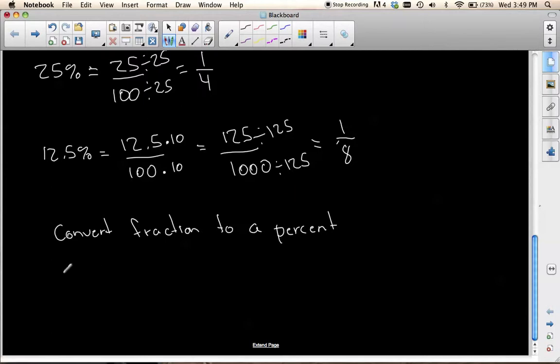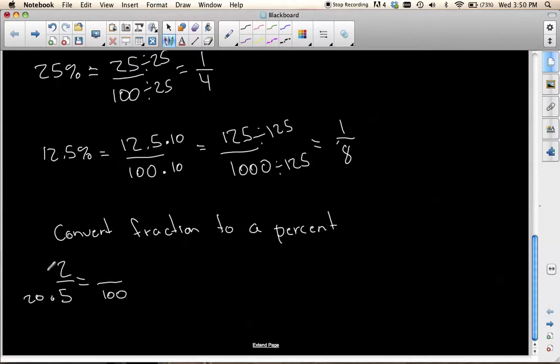So let's say I have 2 over 5. Well, what I need to do is find an equivalent fraction that has a denominator of 100. So I need to figure out what times 5 will give me 100. I know that if I multiply 5 times 20, I would end up with 100.